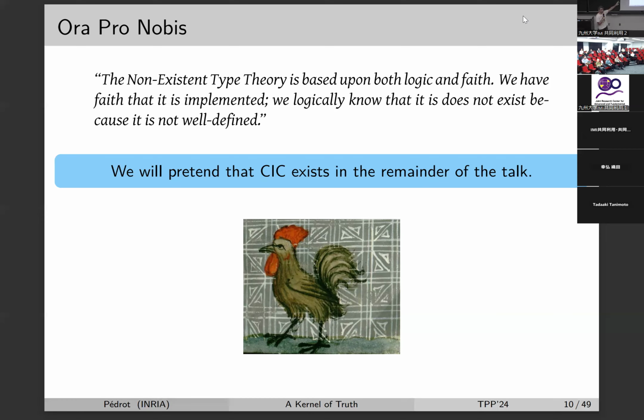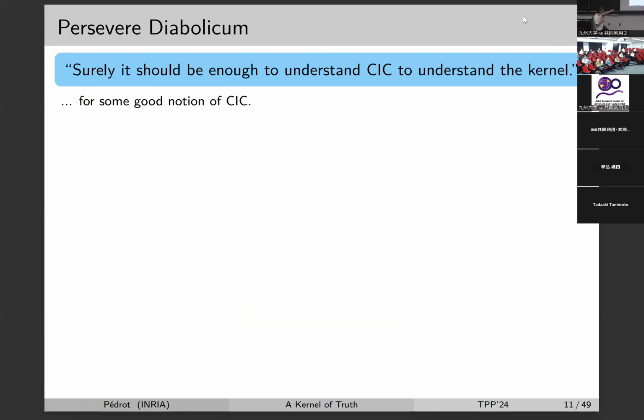So let's assume that there is such a thing that we call CIC, the idealized theory behind the Coq and Mini Coq systems. This is a very medieval thing. This kind of thinking is scholastic, right? So it doesn't matter, how many angels can you fit on a needle pin?